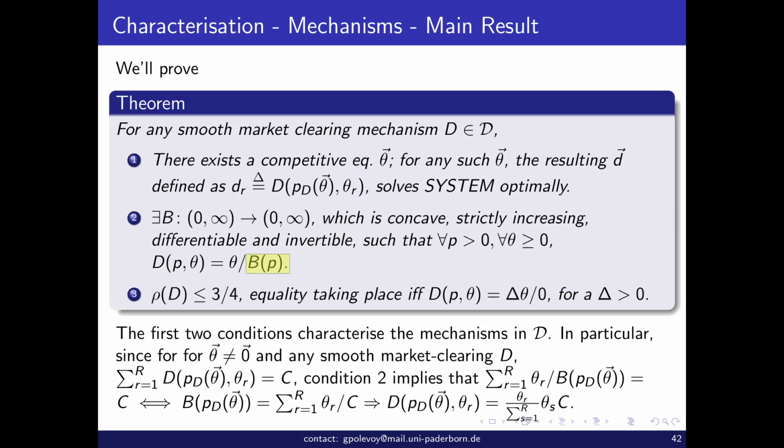And equality here, the best mechanism in the sense that it loses the least, takes place only if the mechanism is simply some constant times what we have: theta divided by p. It should be by p, not by 0, of course. Typo, let me fix that.